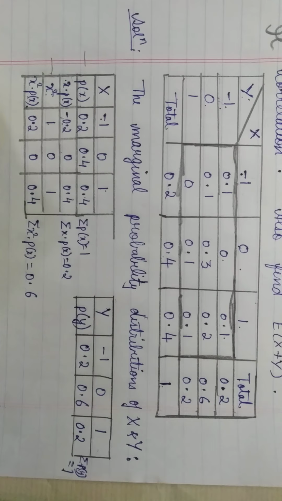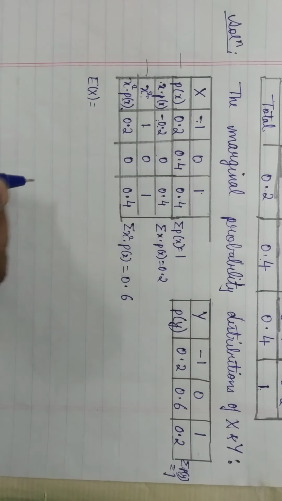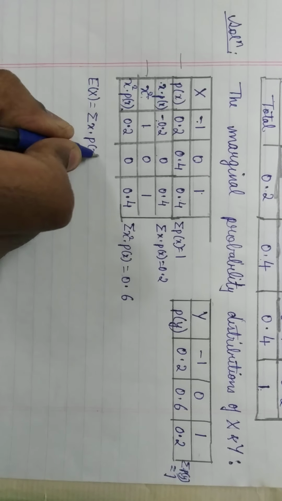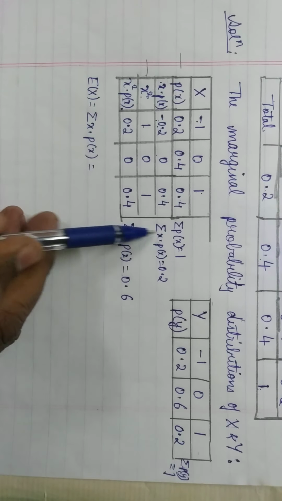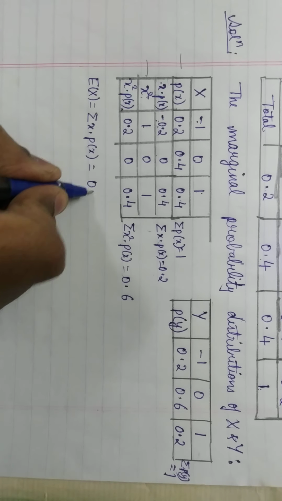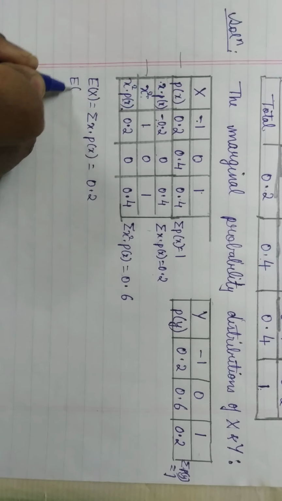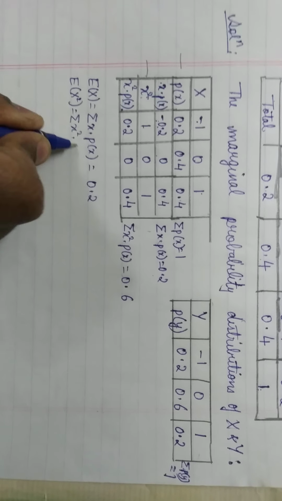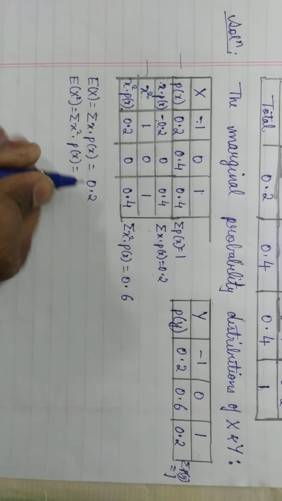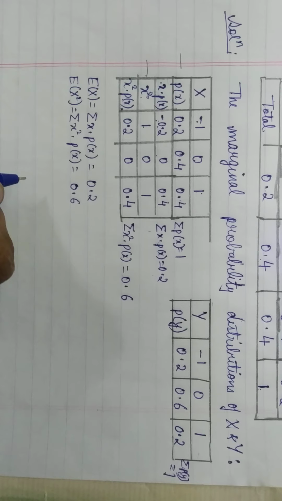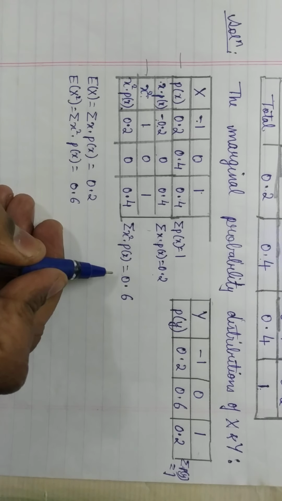So we know that E of x is equal to summation of x into P of x, which we have found out to be 0.2. E of x square is equal to summation of x square into P of x, which is equal to 0.6. We have found that out.